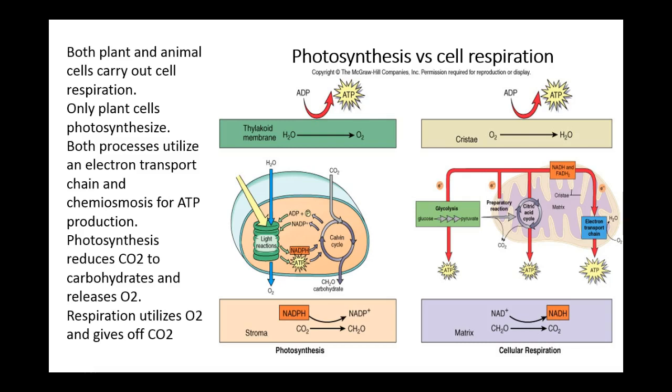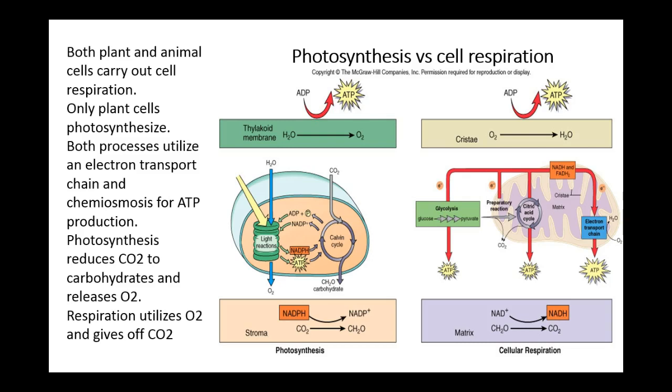Both processes utilize the electron transport chain and chemiosmosis for ATP production. So those are areas where they're similar. Differences: photosynthesis reduces carbon dioxide to carbohydrates and releases oxygen, and respiration utilizes oxygen and gives off CO2.